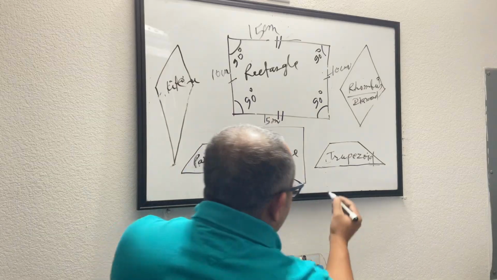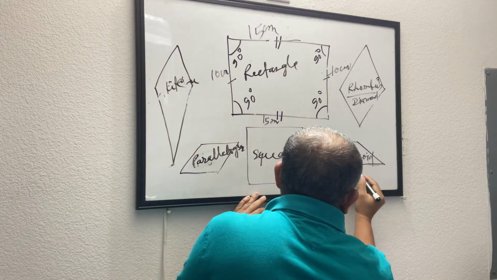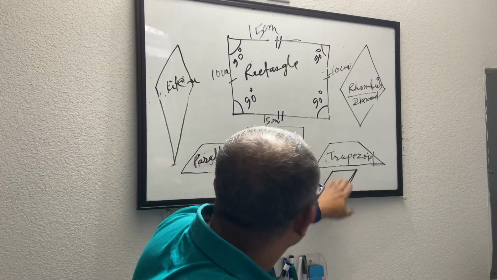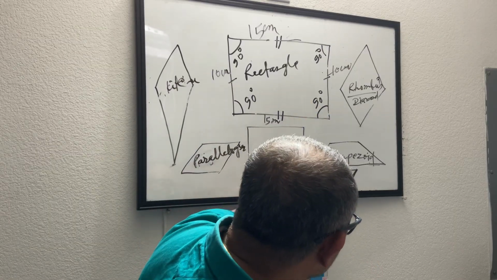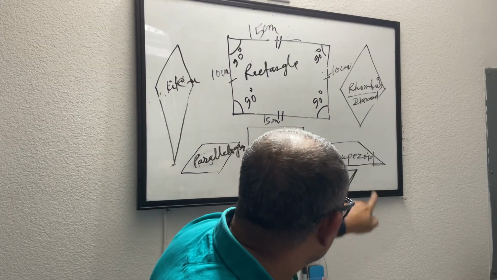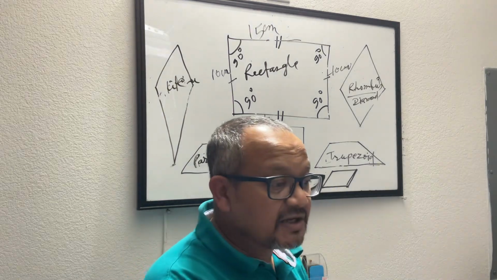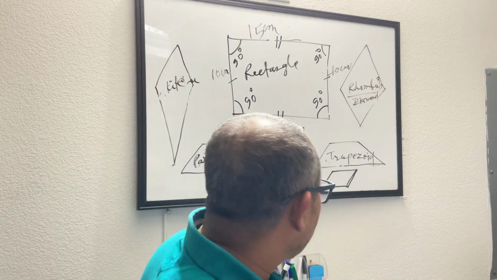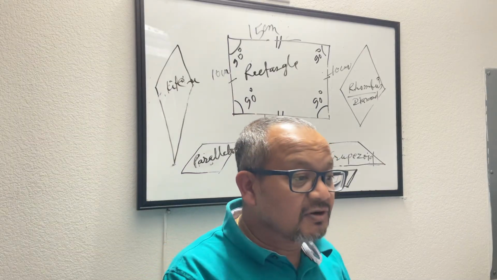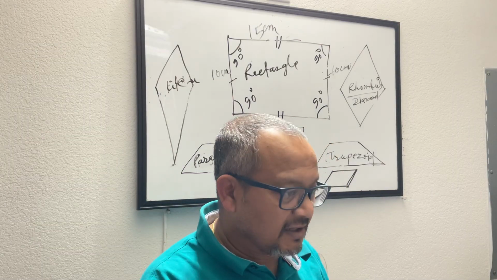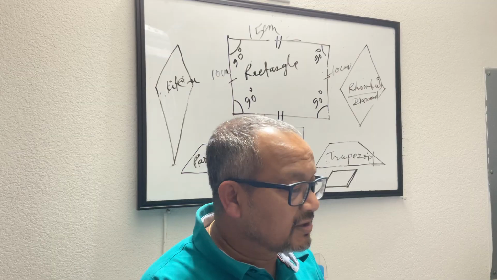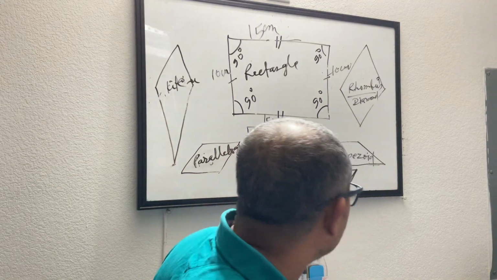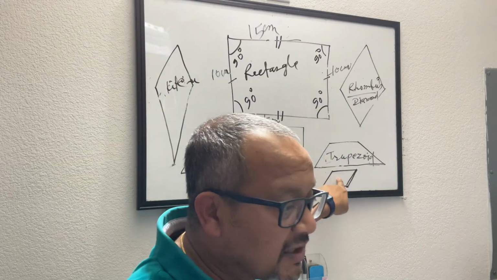So, if I say this shape, this also has opposite sides parallel and equal, but the angle is not 90 degrees, so I will not call it a rectangle. Every angle has to be 90 degrees, then only I will call it a rectangle. If the angles are not 90 degrees, even if opposite sides are equal and parallel, I will not call it a rectangle.